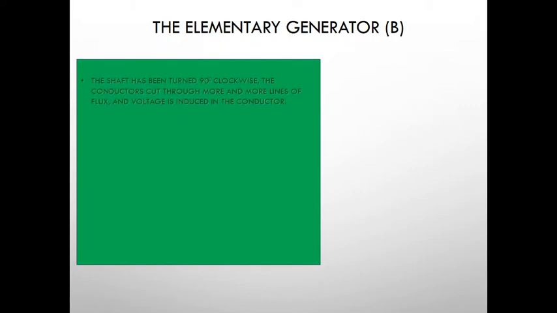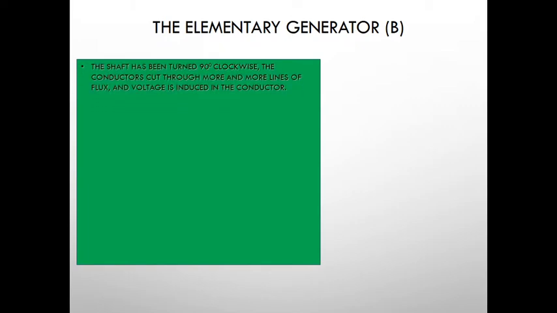At position B, the shaft has been turned 90 degrees clockwise. So the conductors cut through more and more lines of flux, so voltage is induced in the conductor. At a continually increasing angle, the induced EMF in the conductors builds up from 0 to a maximum or peak value.